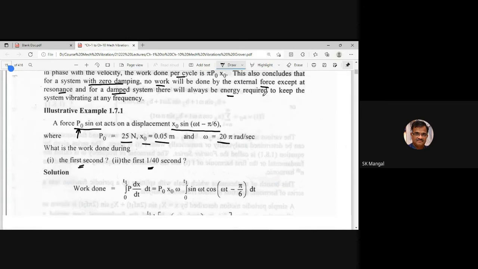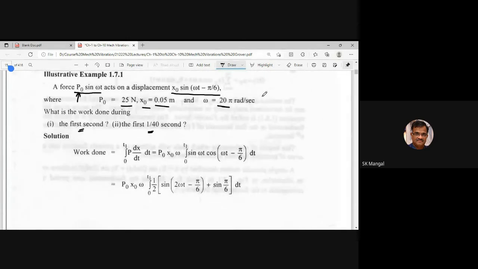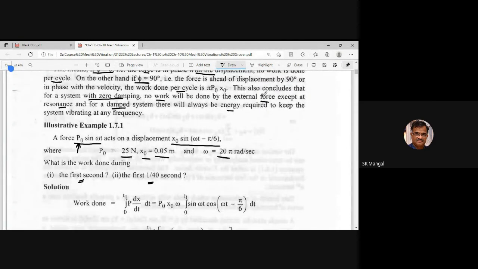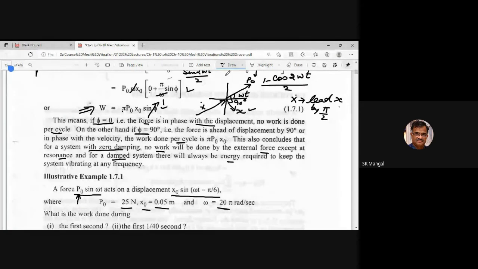If this time is an integral multiple of the time period, then you can use this formula straight away.